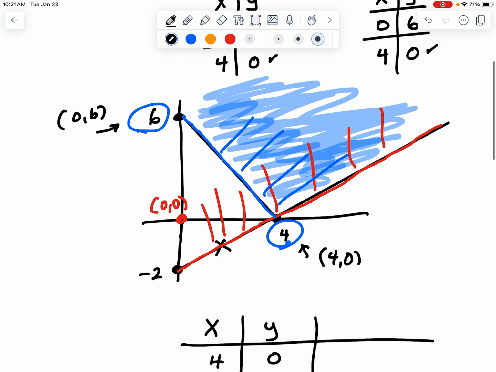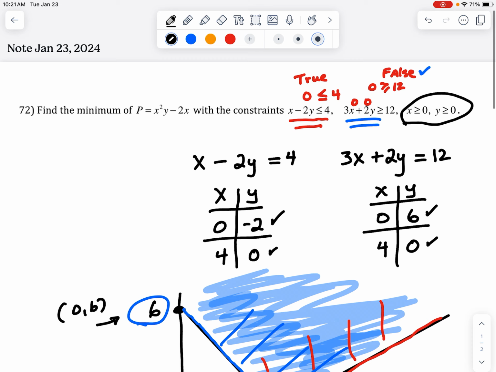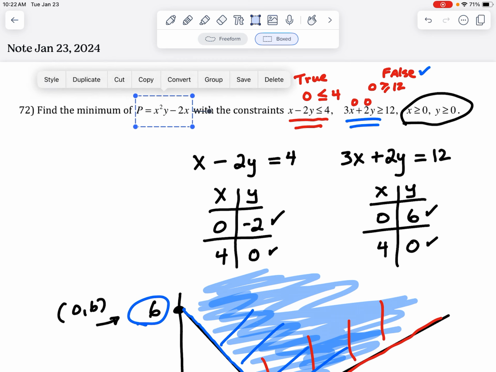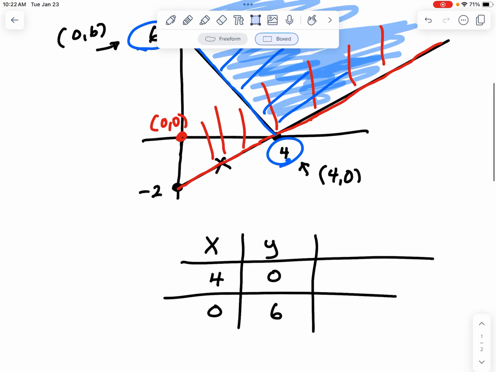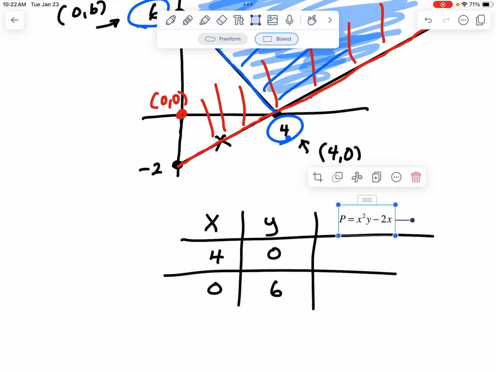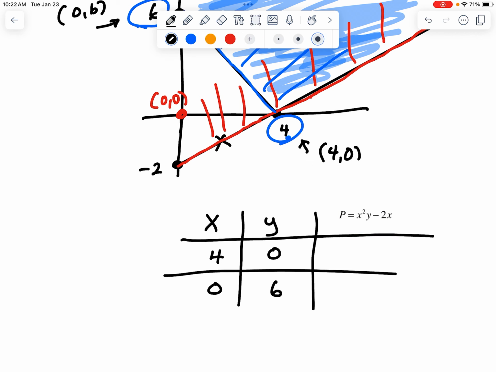And then finally, I need to go back and get the function. And that's what goes right here. So then plug in our 4 and 0.